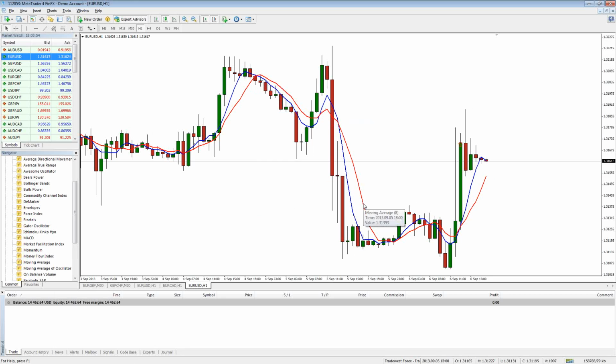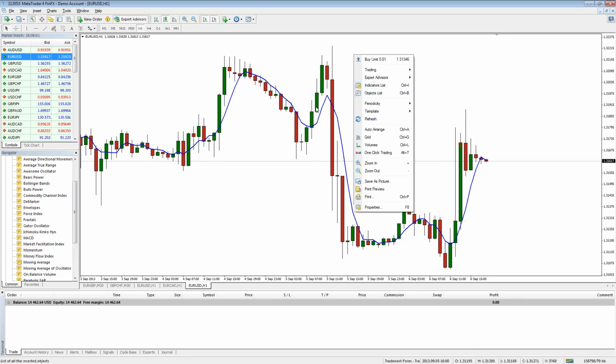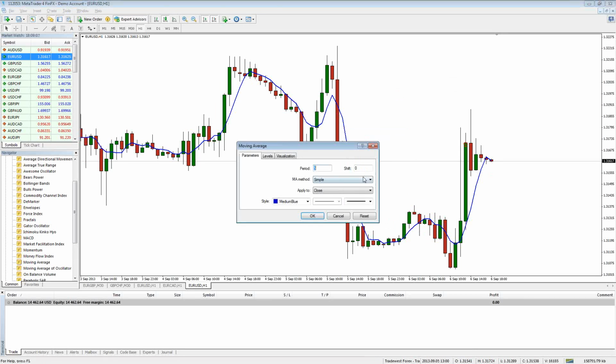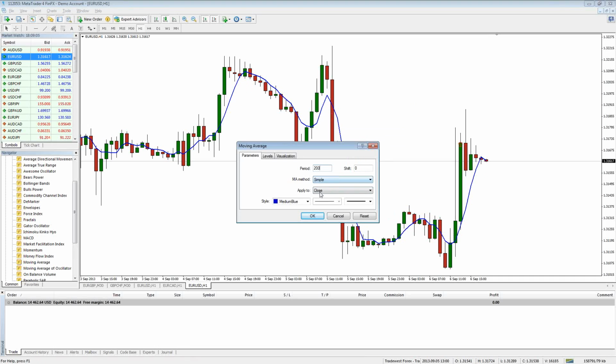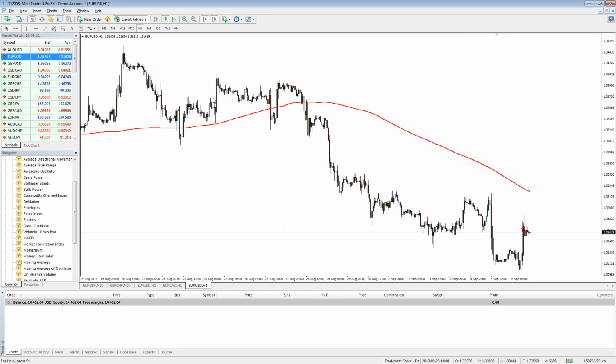Okay, so now let me show you the correct way to use moving averages. What I'm going to put on here is a 200 EMA. What moving averages were designed for was to tell you, there's two things here. First off is to tell you the trend direction in the market.